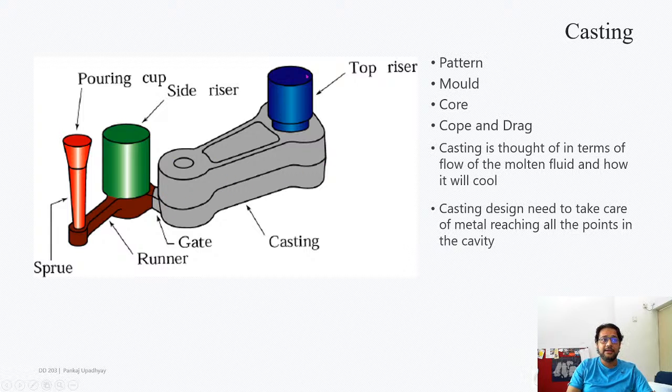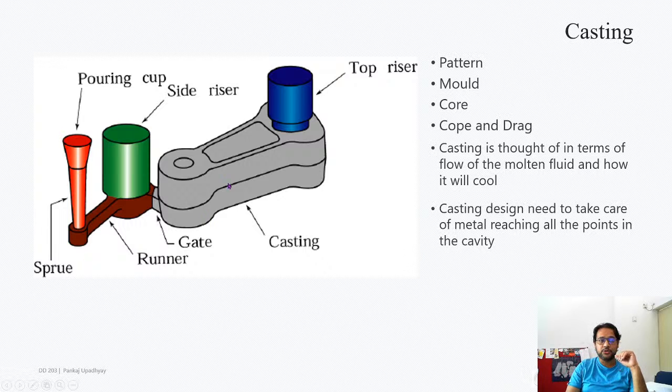In this case, the casting is arranged in such a way that you pour at this end, and the metal travels through and comes out of this. So these three surfaces are exposed to the top.